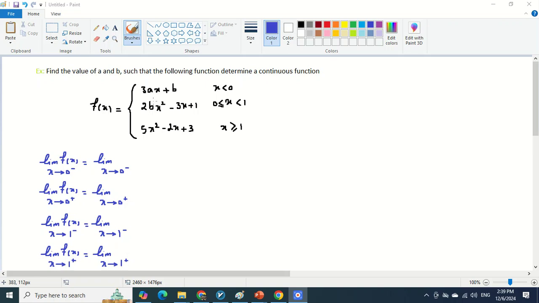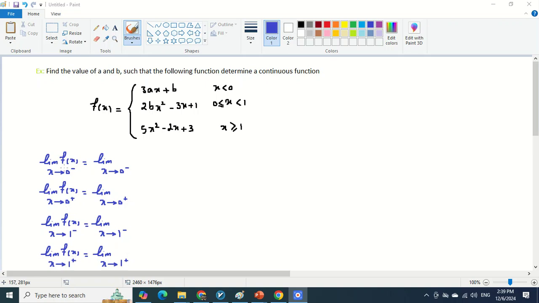So for this function they ask you to determine the value of a and b such that this function will be continuous. To determine that, we need to calculate the limit of this function at the left side of 0, right side of 0, left side of 1, and right side of 1.